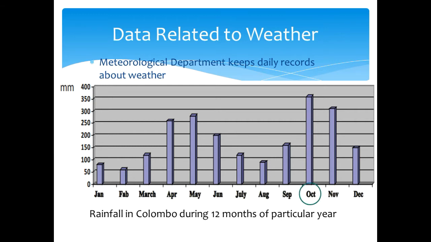Yes, it is October. What was the rainfall? Yes, it is 350 millimeter. What is the month with the lowest rainfall? Yes, that is February, and the rainfall is 50 millimeter.